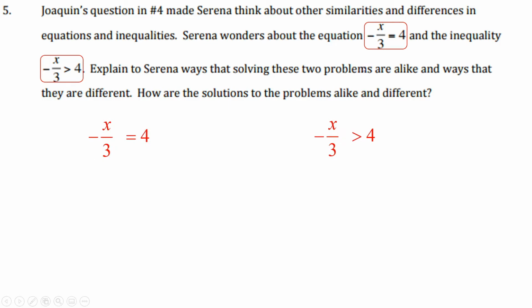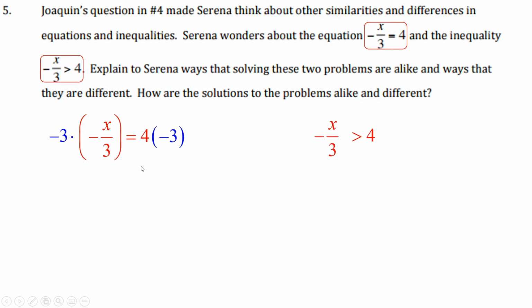We have negative x over 3 equals 4, and we have negative x over 3 is greater than 4. Well, if we're going to solve this equation, we have to undo this division by 3, because I'm going to make a point in a second. So can I simply multiply both sides by negative 3, watch, because I'm dealing with this negative and the divisor of 3 right there.